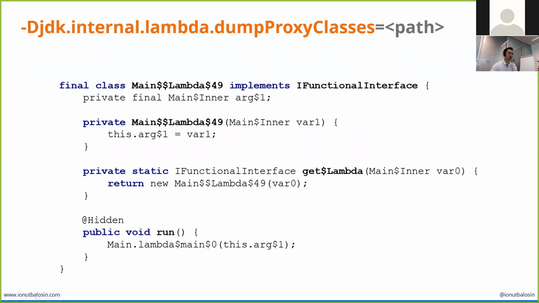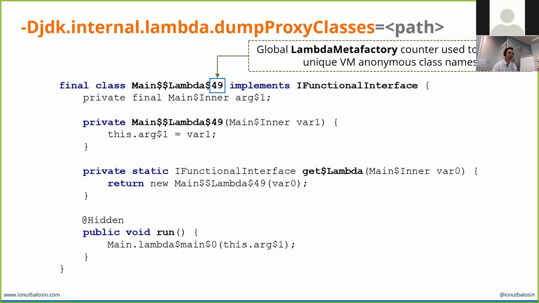Such a class is very simple in essence. It implements the functional interface, it has a constructor, and it has a get lambda which returns an instance of that. You may wonder what that 49 is. 49 is basically a counter, because all of these classes are generated using a lambda metafactory, and every time the VM generates a new such class, it increments the counter.